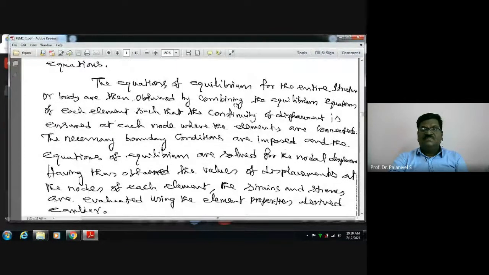The equations of equilibrium for the entire structure or body are then obtained by combining the equilibrium equations of each element, such that the continuity of displacement is ensured at each node where the elements are connected.